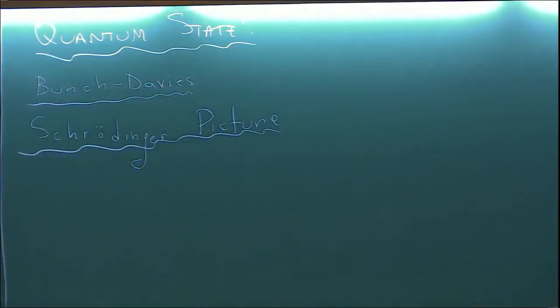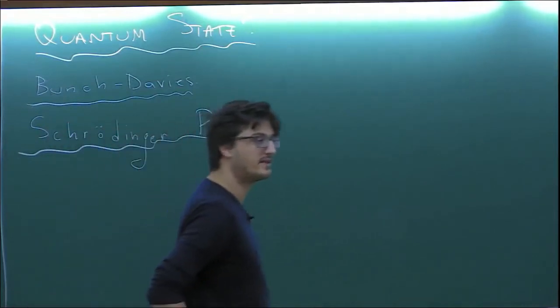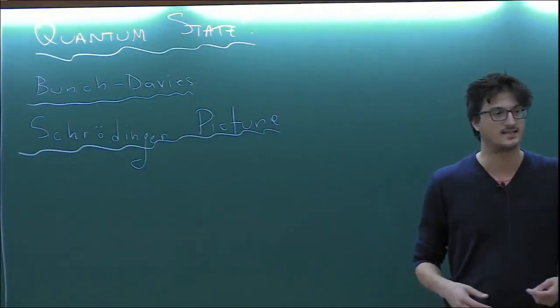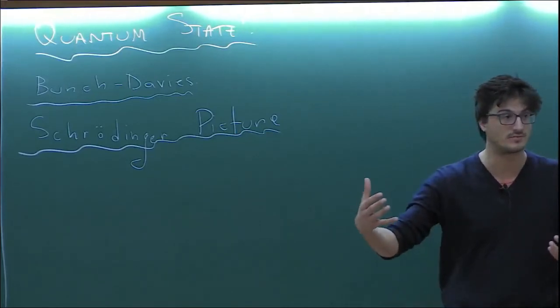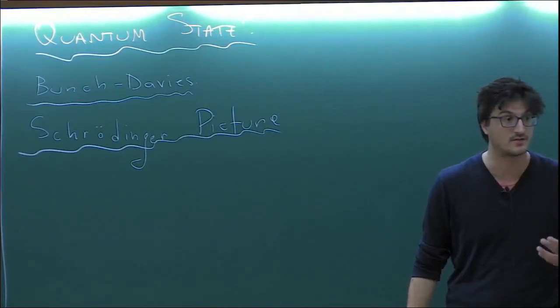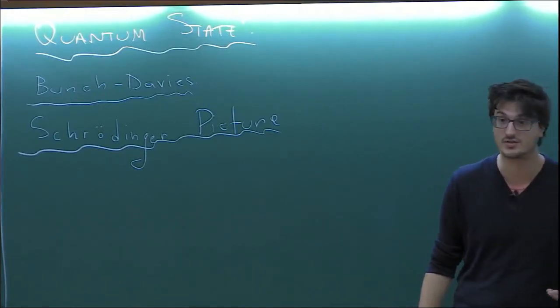The Schrödinger picture in quantum field theory basically asks us to consider the following object. It asks us to consider the overlap of some quantum state in the theory with an eigenstate of the field operator itself at a constant time.